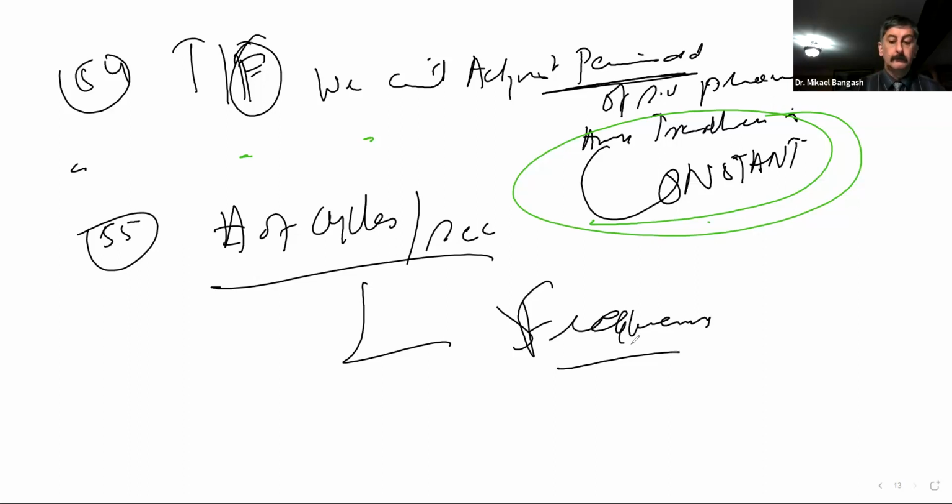The time to complete a cycle would have been the period. Variable rate is nothing.